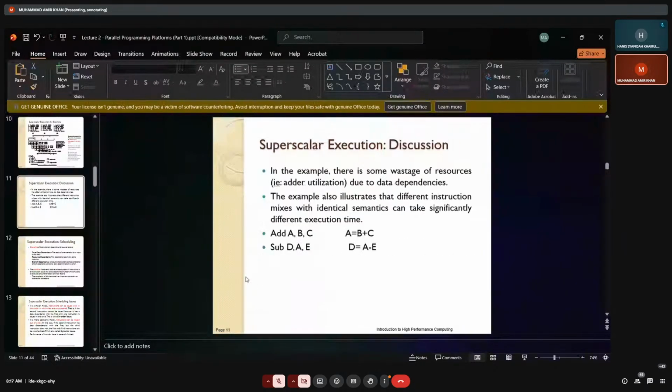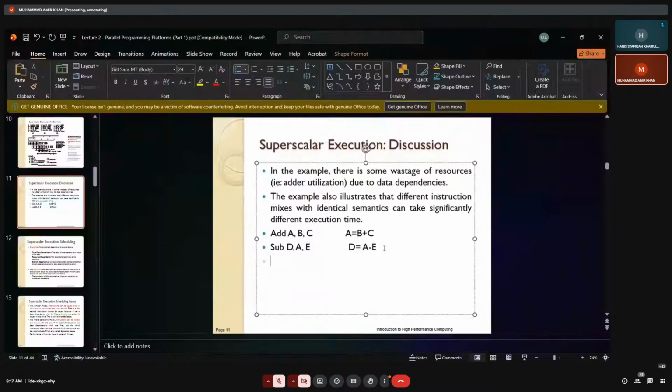Here, for example, we have another instruction, which is G, comma, O, comma, P. Here we can issue this instruction because this is a multiply instruction and totally separate, totally independent.